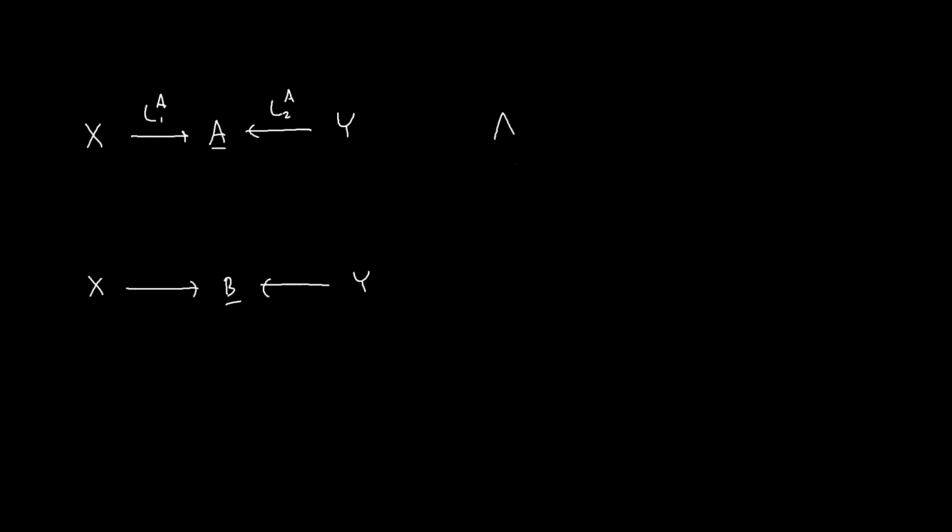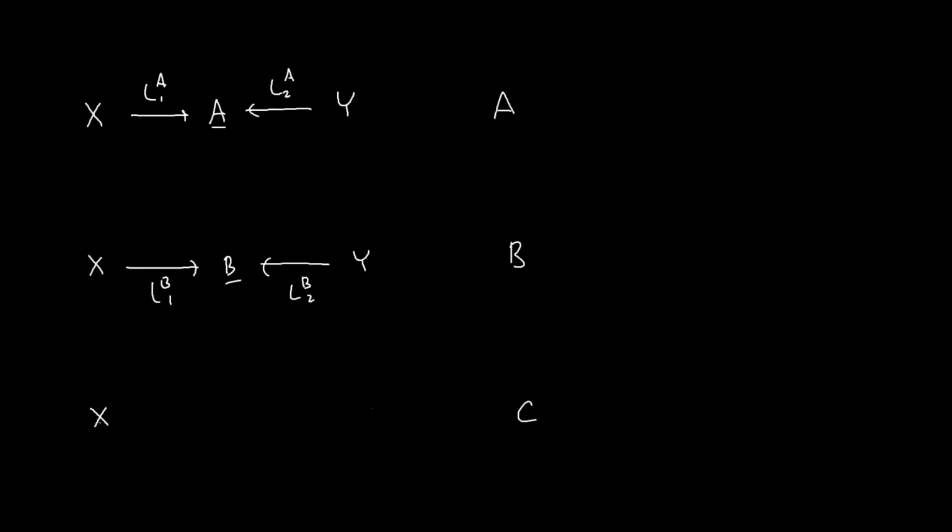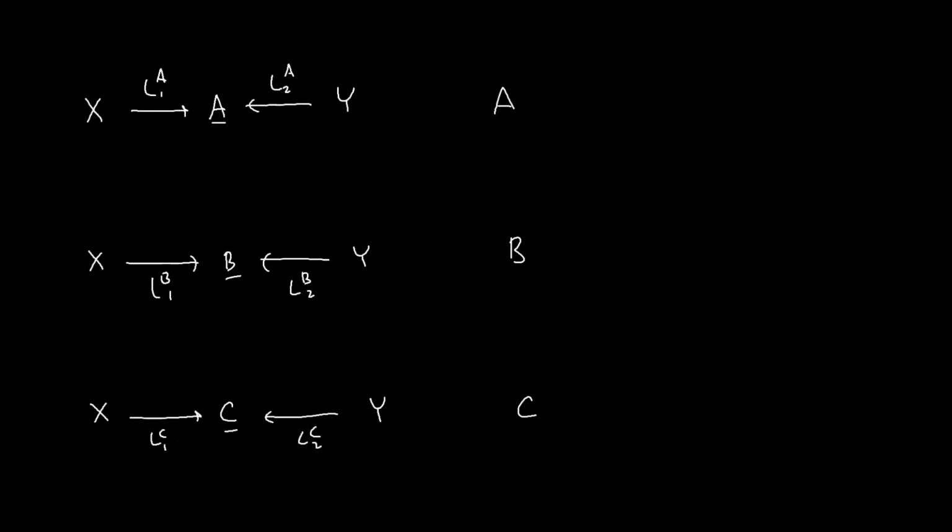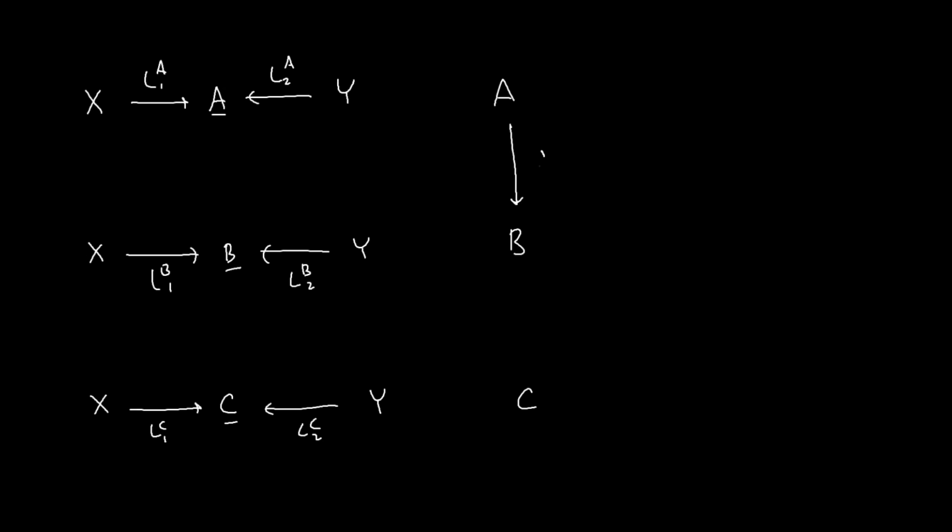One is A, the other one is B. And let the third object be C. And say I've got a morphism F from A to B. So this will be given by the morphism from A underscore to B underscore. And then G given by a morphism from B underline to C underline, making these diagrams commute.